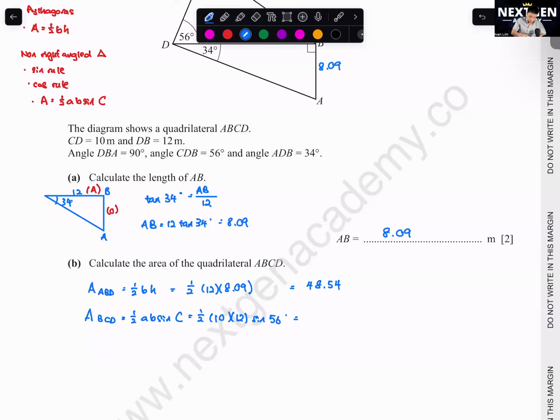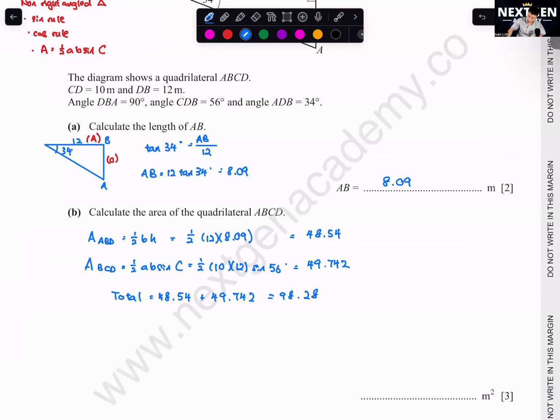This one, 1 over 2 times 10 times 12 times sine 56, is 49.742. Add it up: 48.54 plus 49.742, we get 98.28, or 98.3, since we round it up to 3 SF.